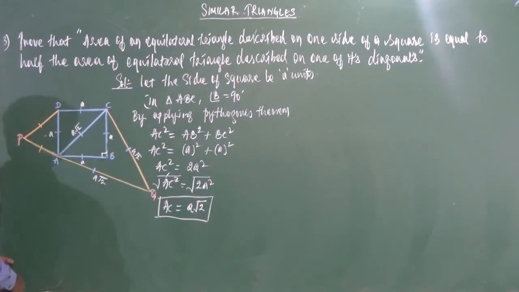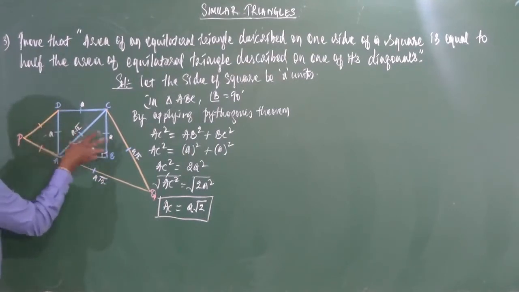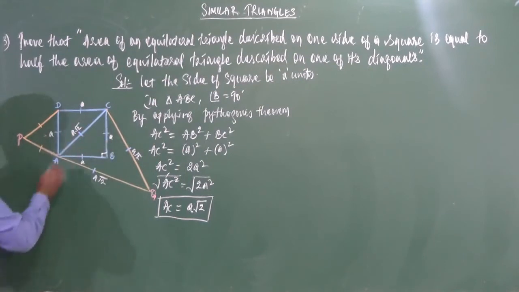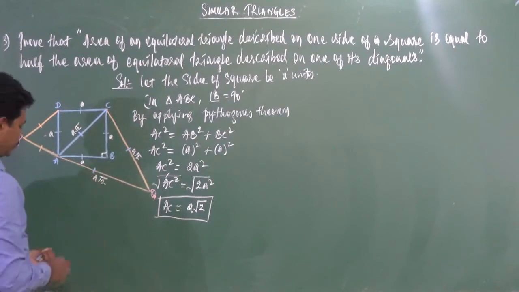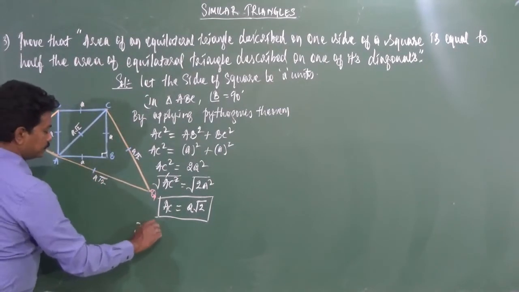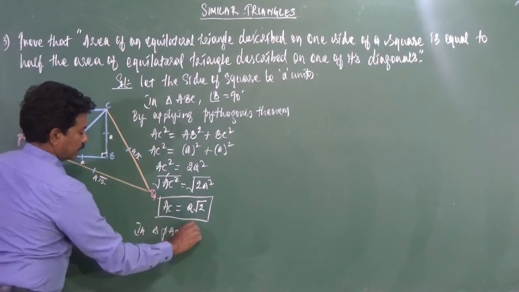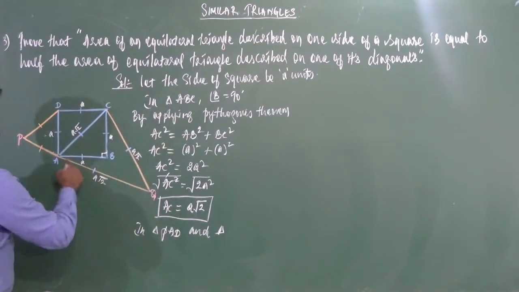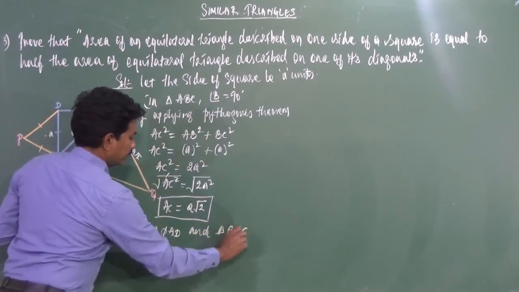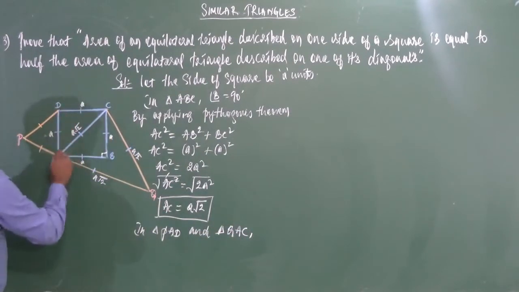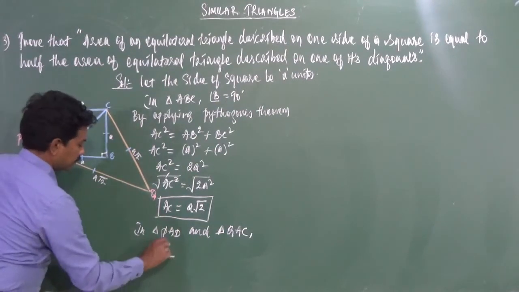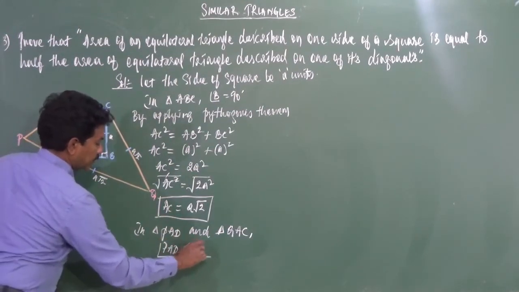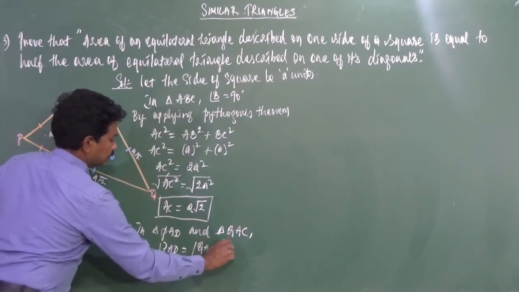Right. Now, before taking the similarity criterion, first we have to prove both the triangles are similar to each other. That is, triangle PAD and triangle QAC are similar to each other. Right. So in triangle PAD and triangle QAC, angle PAD is equal to angle QAC, this angle, because it is 60 degrees.